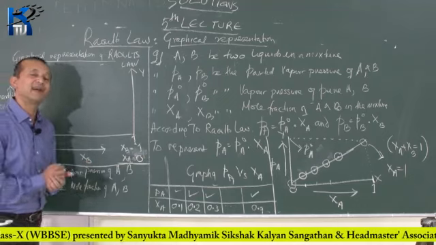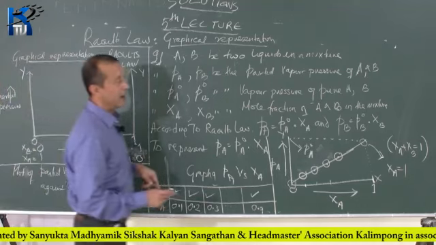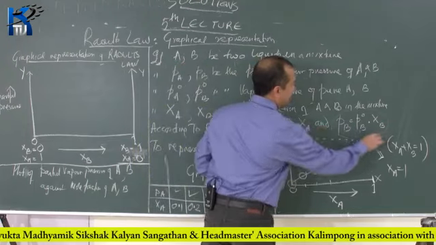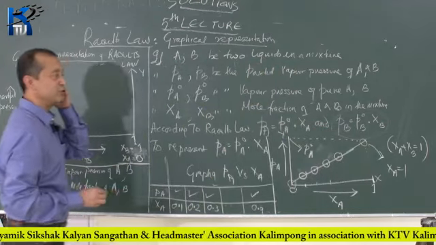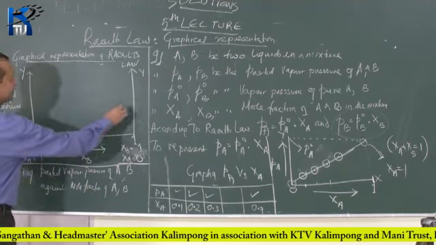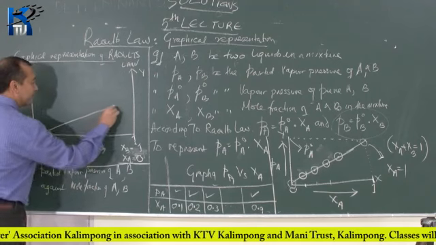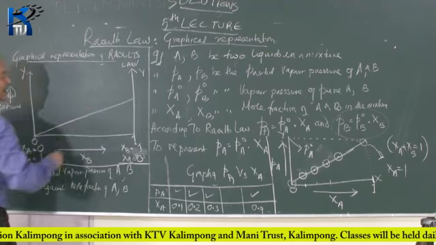So now first of all, let's draw the graph for PB is equal to PB naught into XB. The graph will be something like this. It will start from 0 and it will hit the y-axis at a certain point.